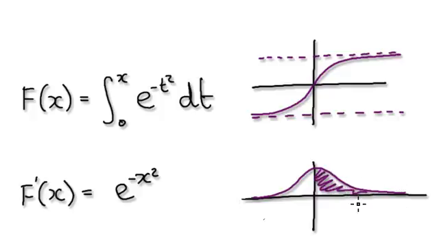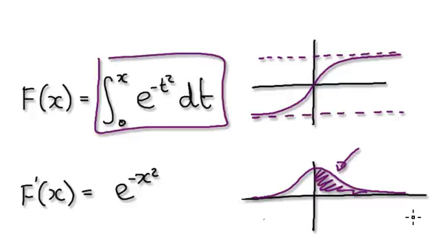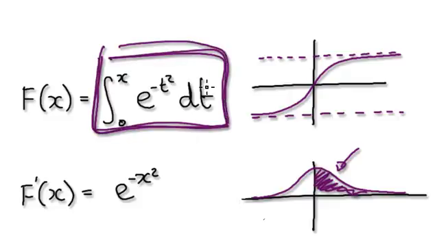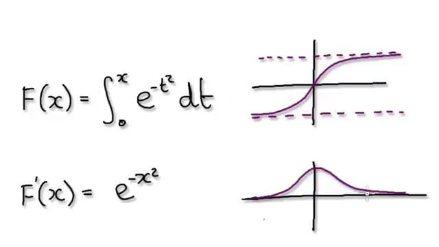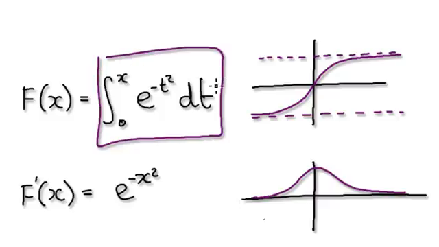Well, currently, as x tends to infinity, the whole area here is this thing here. So this whole thing here represents the whole area as x tends to infinity.